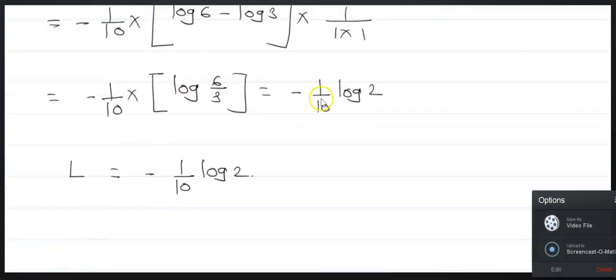Now see this here, minus 1 upon 10 log of 6 upon 3, that is log of 2.